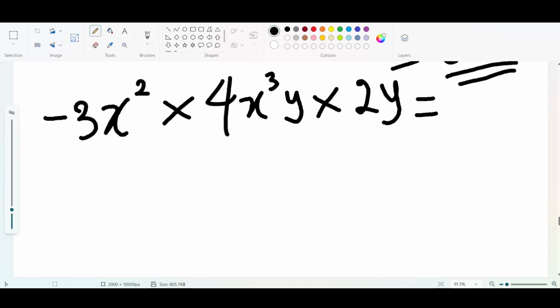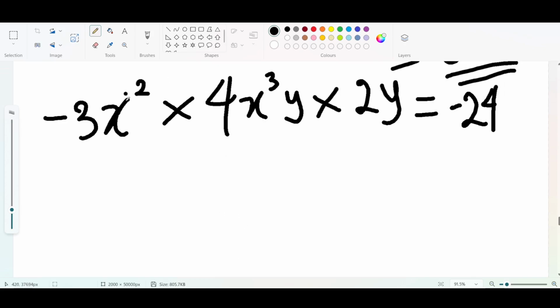For this one, we have different letters, x and y. Since this is multiplication, we multiply all the coefficients first. We have minus 3, 4, and 2. Minus 3 times 4 is minus 12, and minus 12 times 2 is minus 24.